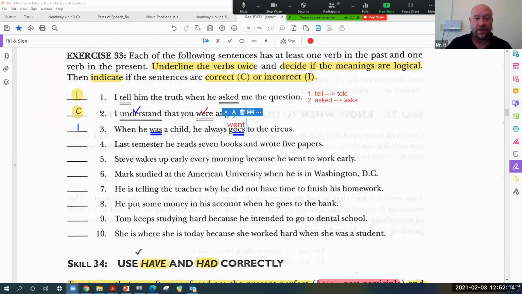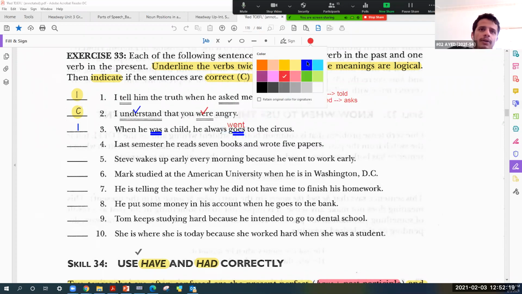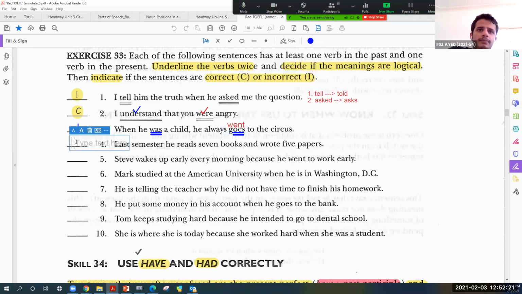All right, number 4. Ayed, what do you think? I think it's incorrect. Give me the verb. Reads and wrote. Okay. What does that mean? Last summer he reads.